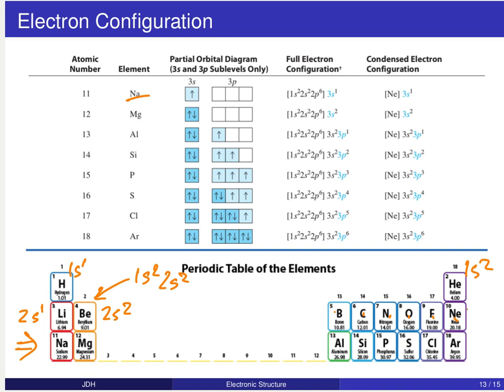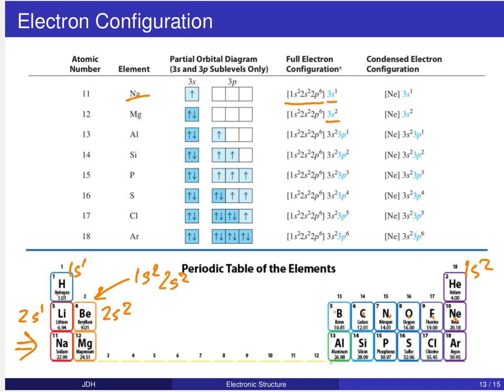So all of the atoms in this third row have an underlying core electron configuration of 1s2, 2s2, 2p6. And then when you come to sodium, we have that single electron occupying a 3s1 orbital. And then magnesium, you've got 2 electrons in an s orbital.